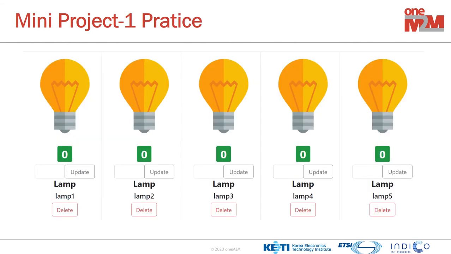And coming back to the device simulator, we will create 5 different lamps, 1, 2, 3, 4, 5, and we're going to retrieve the current status, and then we will send actuation messages to those light bulbs.